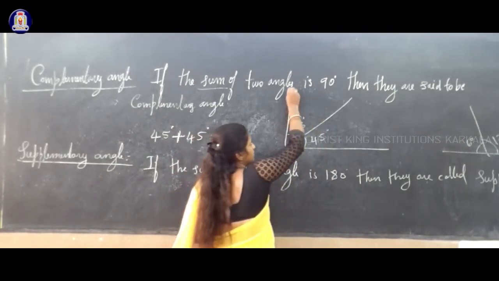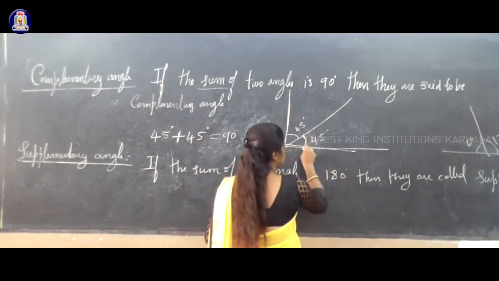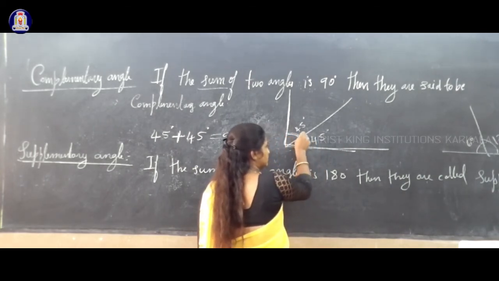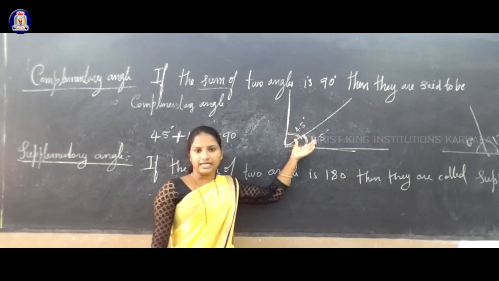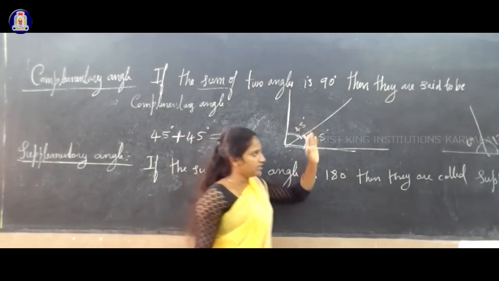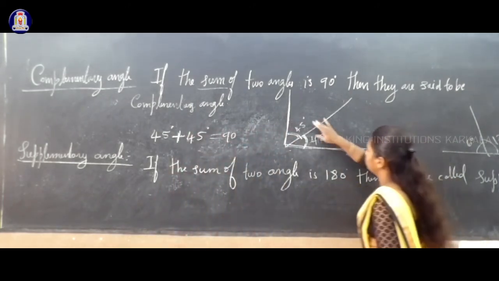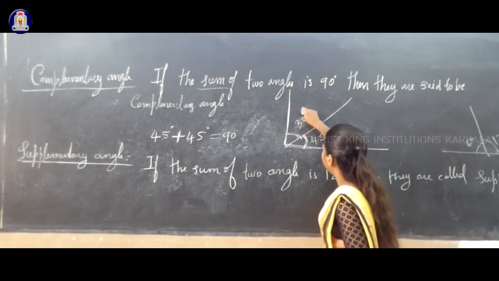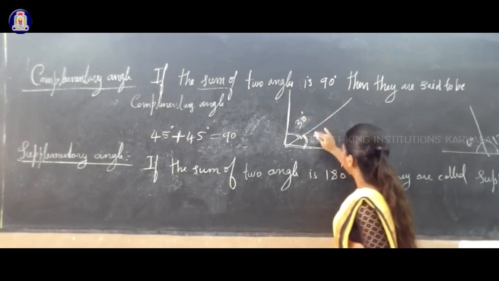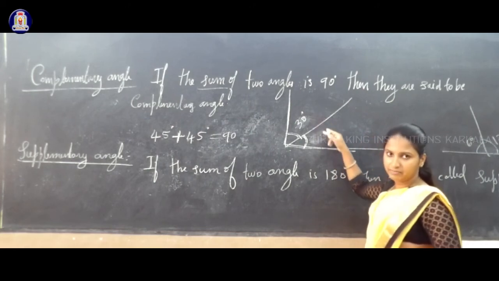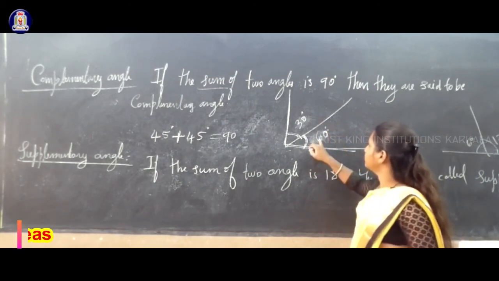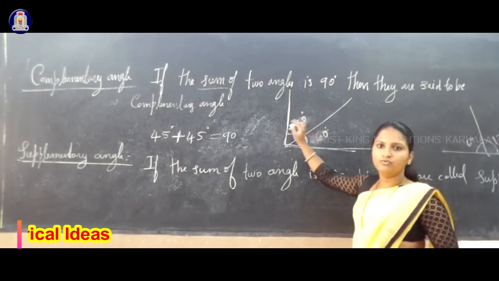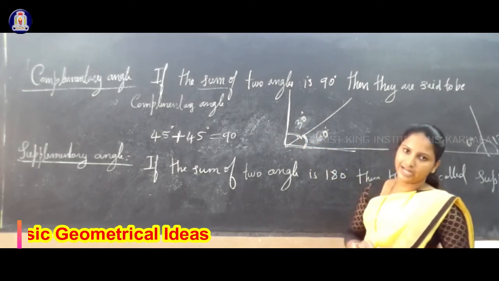So here one angle I consider 45, another angle is also 45. So 45 plus 45 is 90 degree. Clear? For example, if this angle is 30 degree, then the other angle is 90 minus 30, which is 60. Correct? So 60 plus 30, the sum of the two angles, is equal to 90 degree.